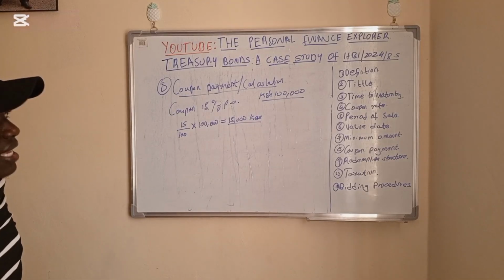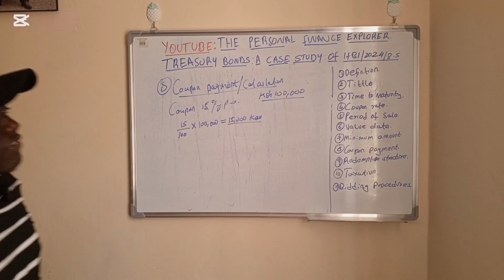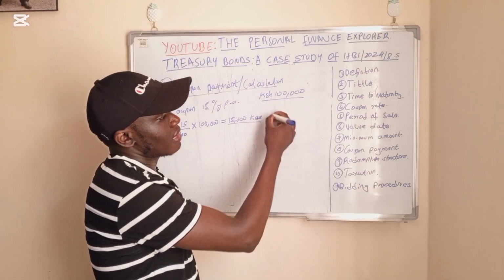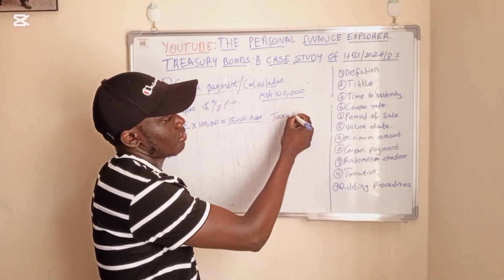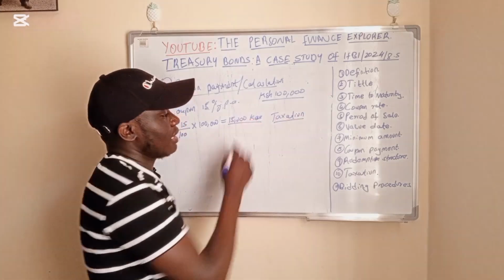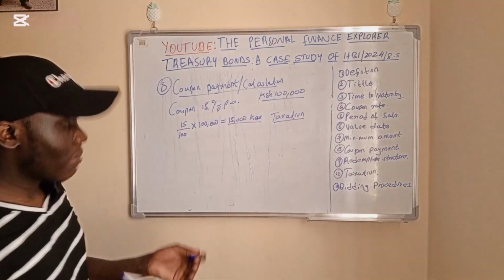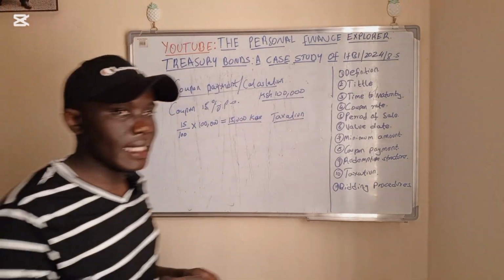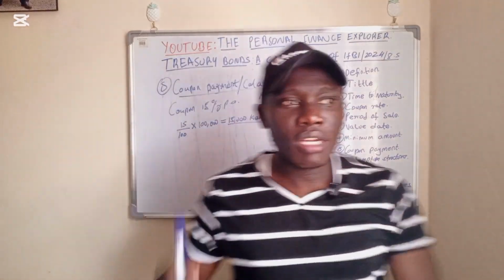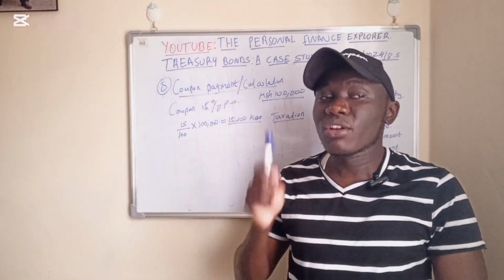But now it comes to a point that we had talked about, something we call taxation. From this point, it will depend on whether the bond you had invested in is subject to withholding tax or not.